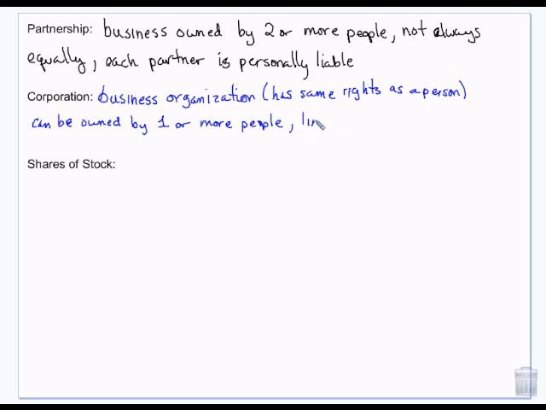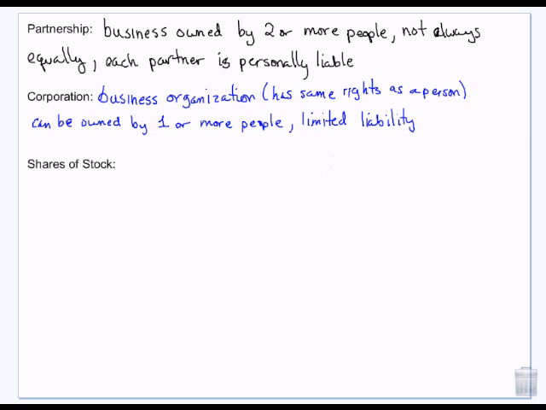But there's limited liability. So if I own a corporation and my corporation goes under, my corporation is responsible for any losses or expenses that the business had outstanding. The corporation, the business itself, is liable. I would not be personally liable. Okay.